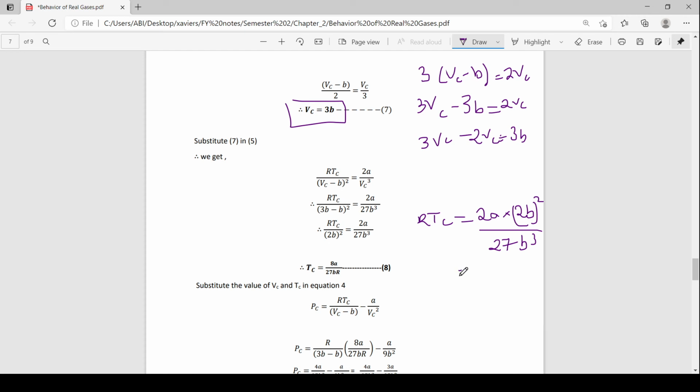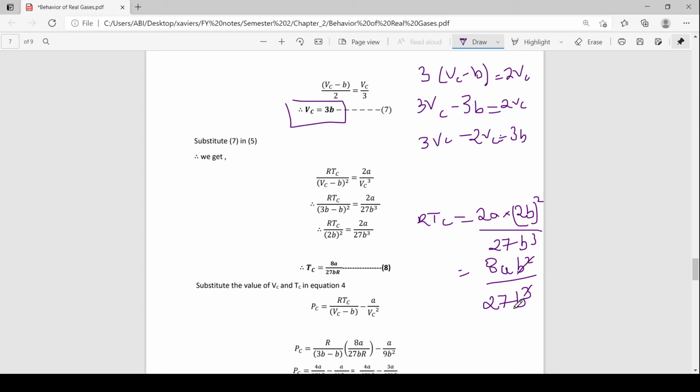First of all, I can write this as, 2 2s are 4, so 4 2s are 8. I get 8a b square divided by 27b cube. I can cancel this.